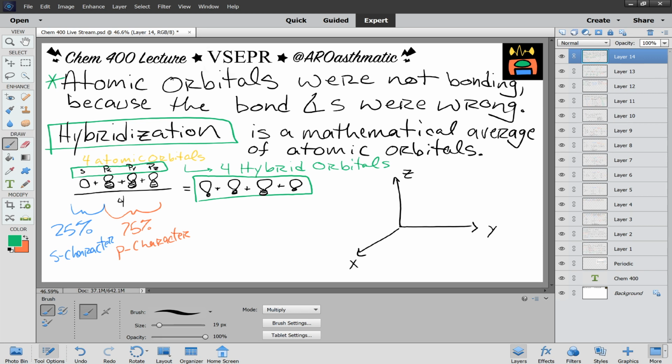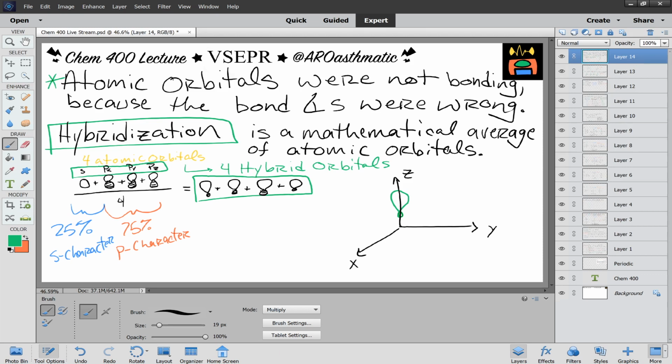So the distribution, or the way these orbitals are pointing, are going to be distributed across all 3 dimensions because they inherit their directionality from px, py, and pz. The first of these hybrid orbitals is oriented along the z-axis.